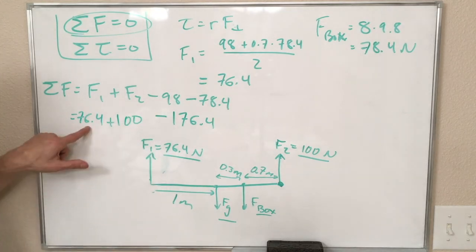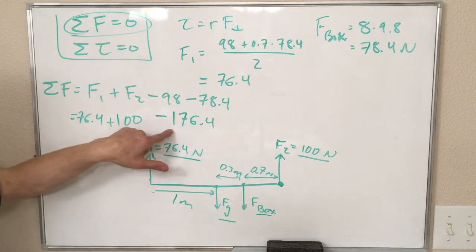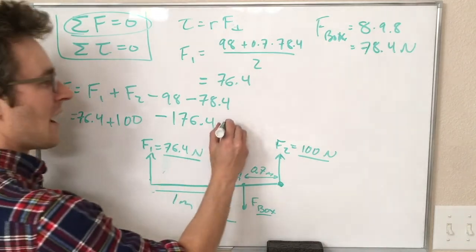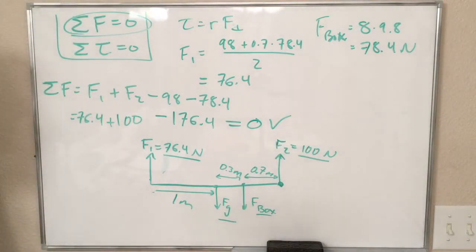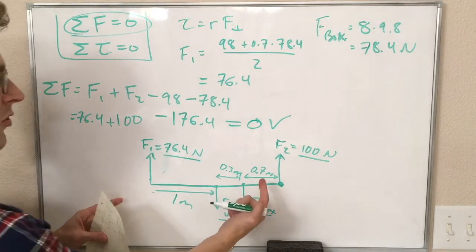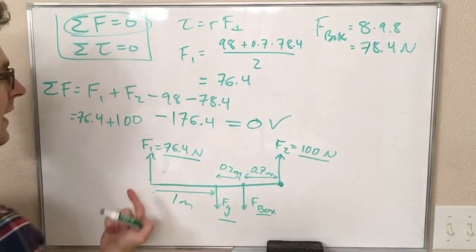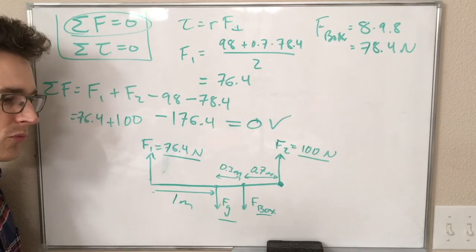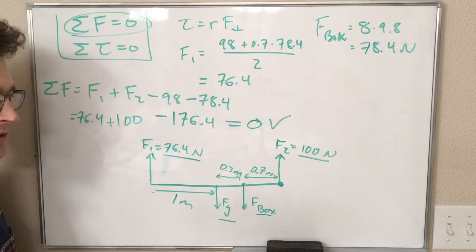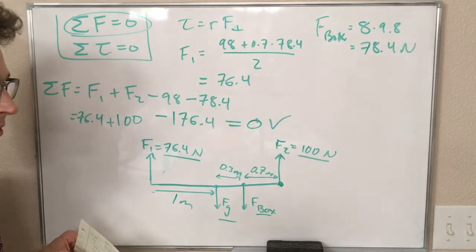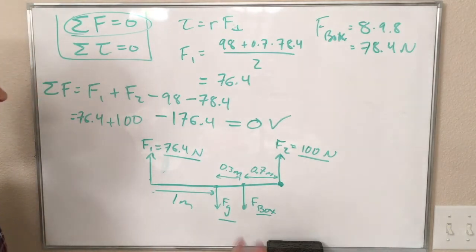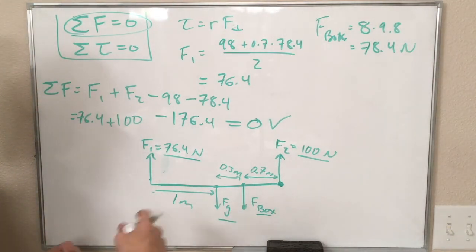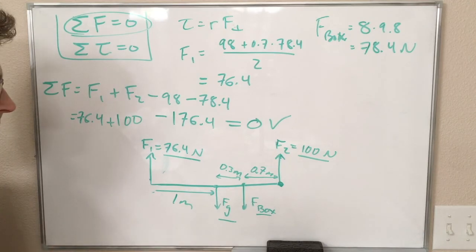So we have 76.4 plus 100 minus 176.4. That indeed does equal 0. So that is good. That's our check on the answer. The total weight that those ropes are holding up is exactly the same as the total force the two of them are feeling combined. All right, so this is a good, well-rounded static equilibrium problem.